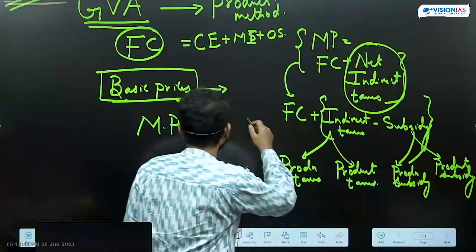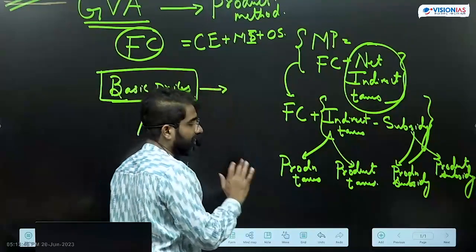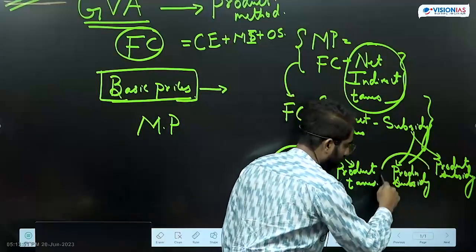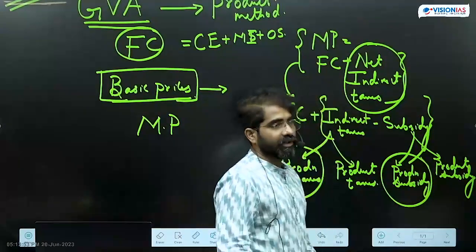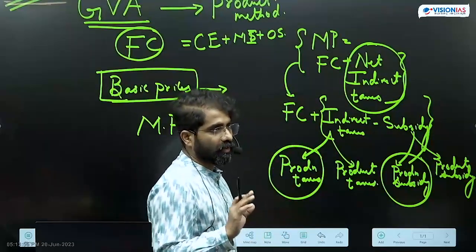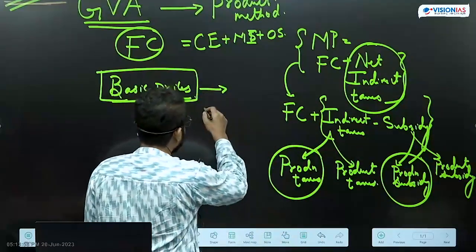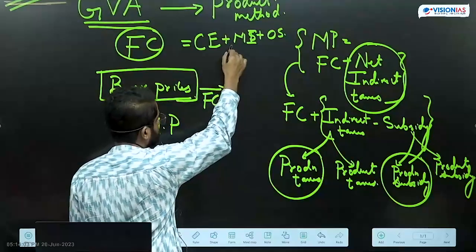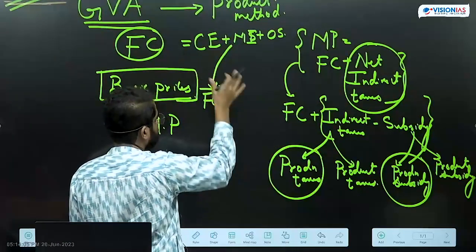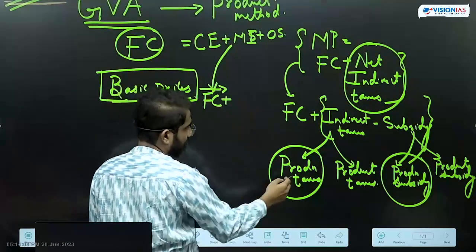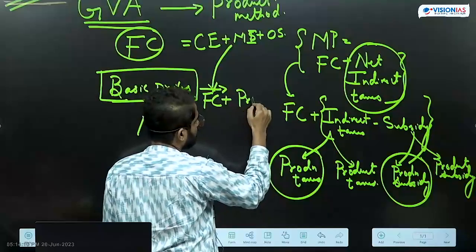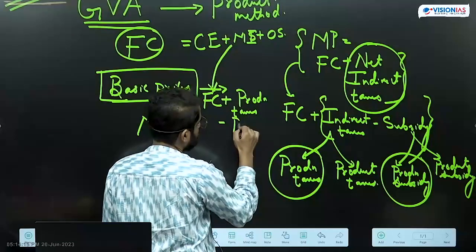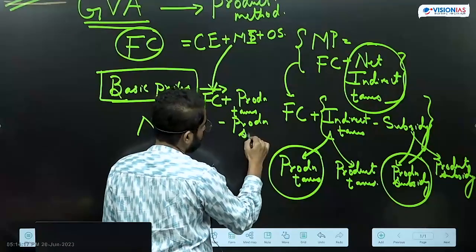For calculating basic prices, they are only going to take production taxes and production subsidy. That means basic price will be equal to factor cost plus production taxes minus production subsidy.